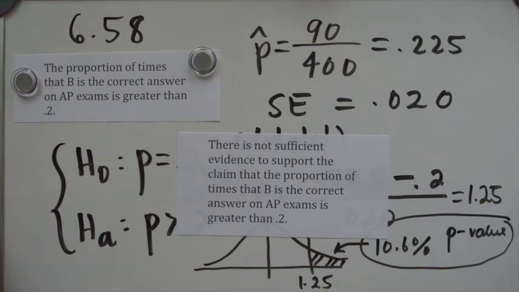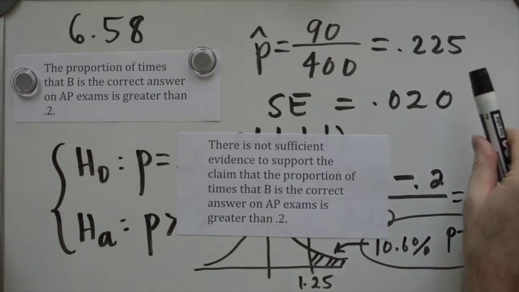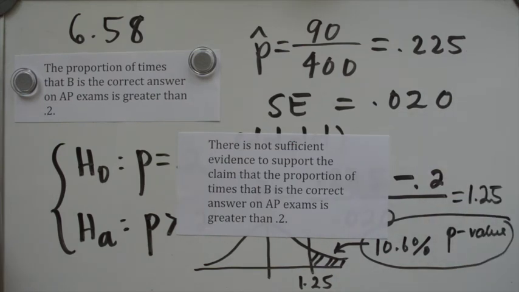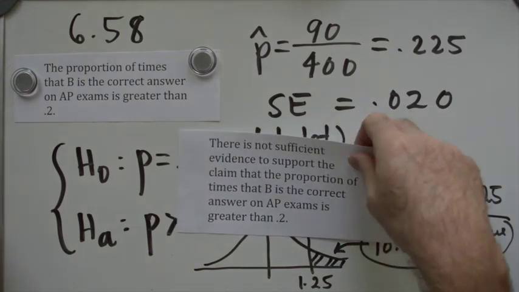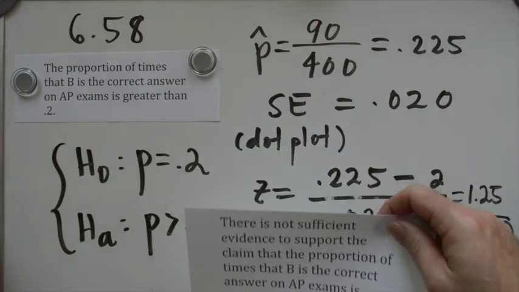Now, is there some evidence in the sample to support that claim? Yes, there is. Is there sufficient evidence to support that claim? There is not at the 5% significance level. So that is how we would work this problem using a mixed strategy like from section 5.1.